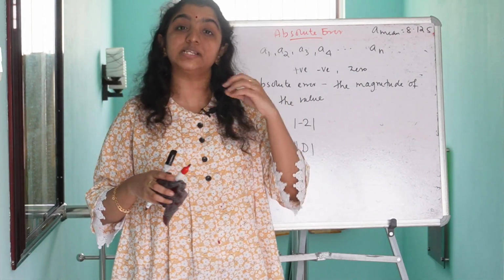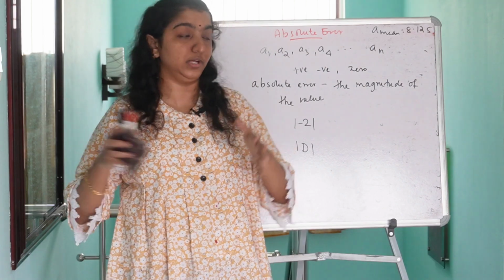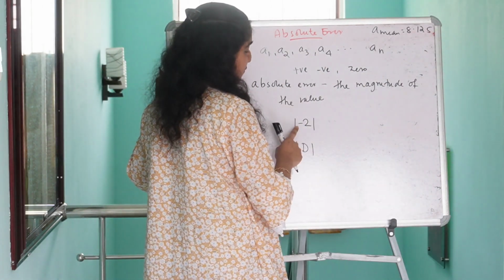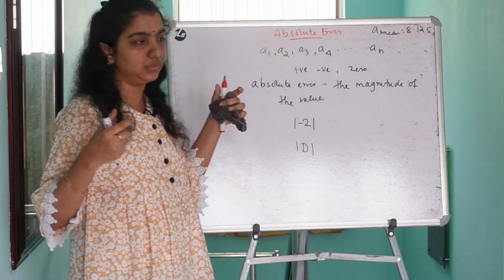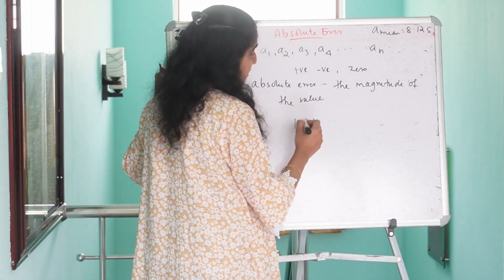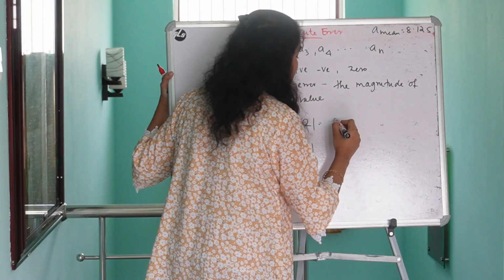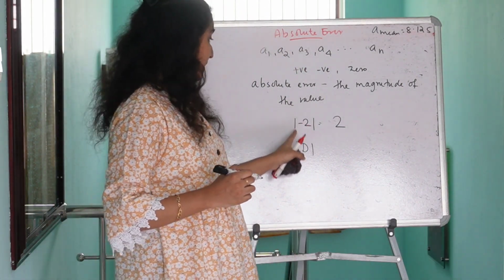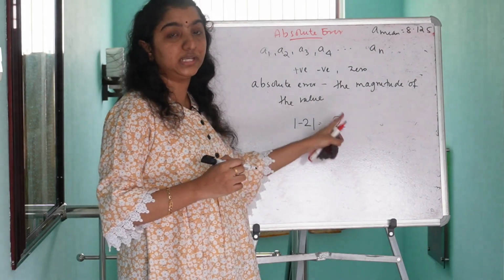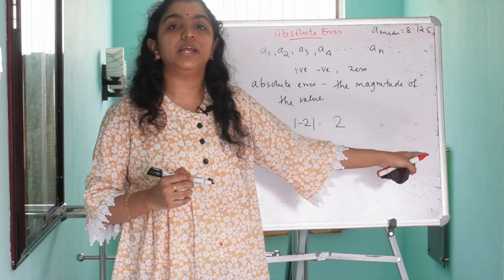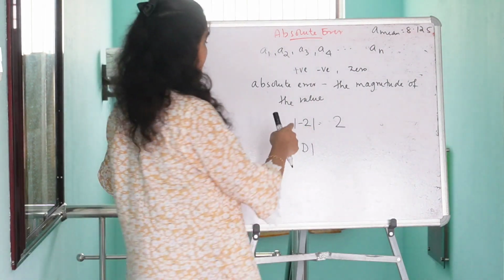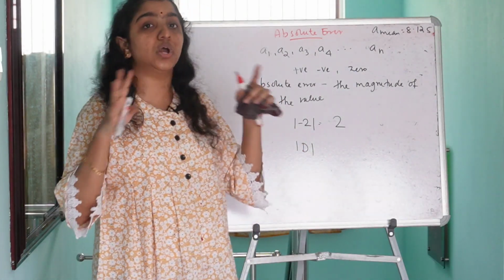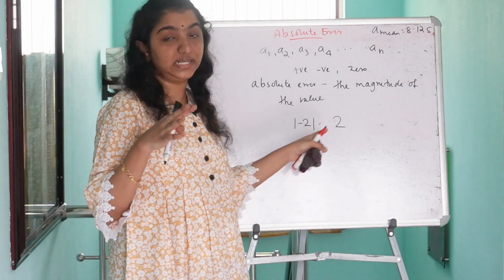Now let's see what is the magnitude of a particular value. If you are asked to find the magnitude of any value, then the magnitude of this particular value is equal to the numerical value alone. Here you have to eliminate the sign.